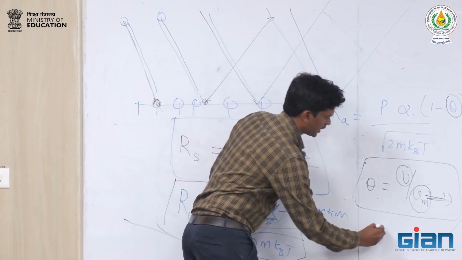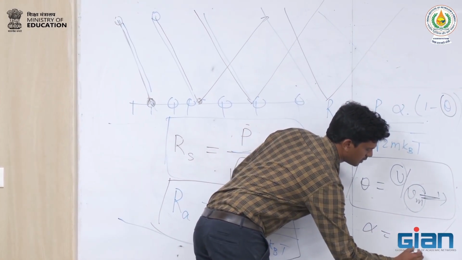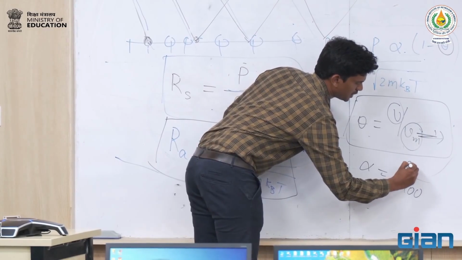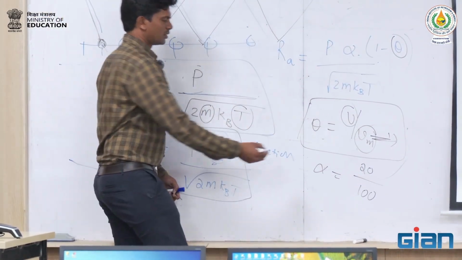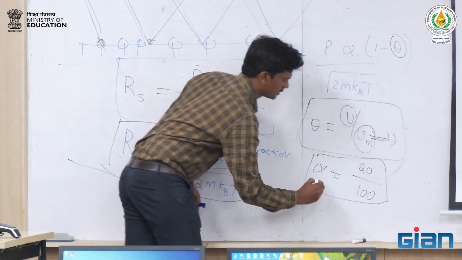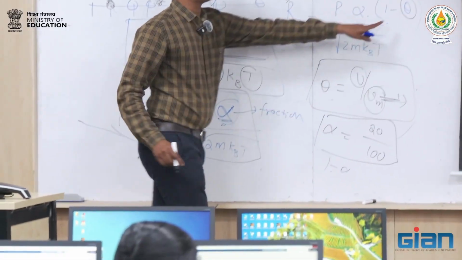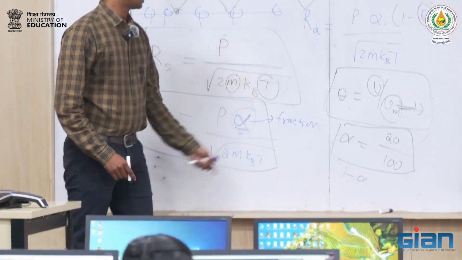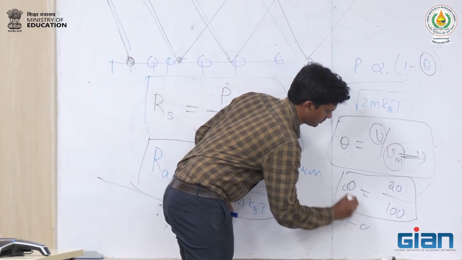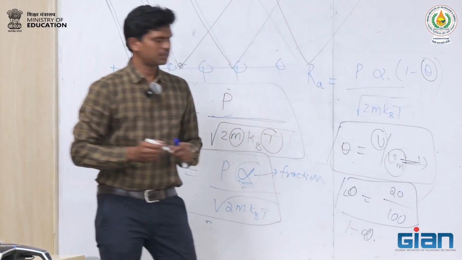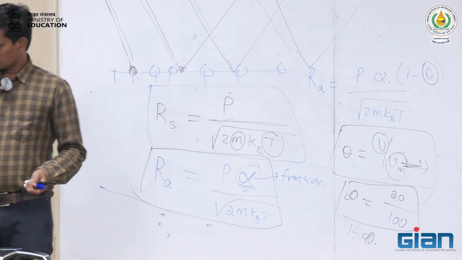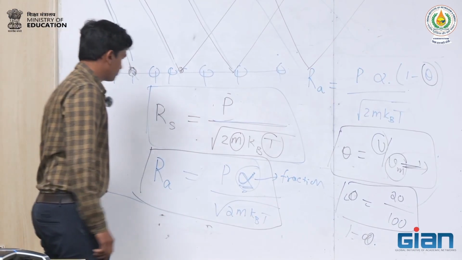Say for example, you have 100 sites, out of which 20 are already full. So theta becomes 20 by 100. So 1 minus theta is the available sites. Sorry, 1 minus theta, sorry. So that is the rate of adsorption.